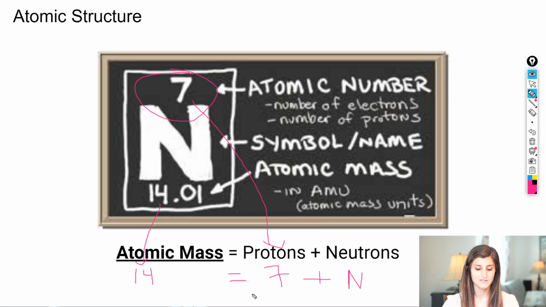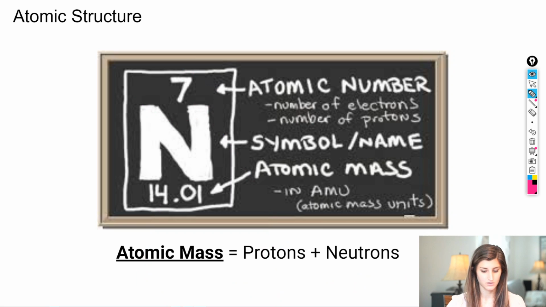You subtract 7 from both sides. Sorry, I ran out of room here, but 14 minus 7 is telling us that n is equal to 7, which is referring to the number of neutrons. So now we know that the protons are 7 and neutrons are 7. So that's how you can figure that out.